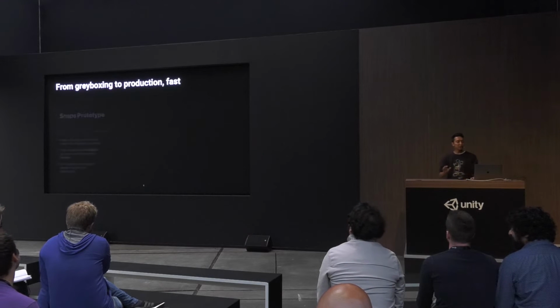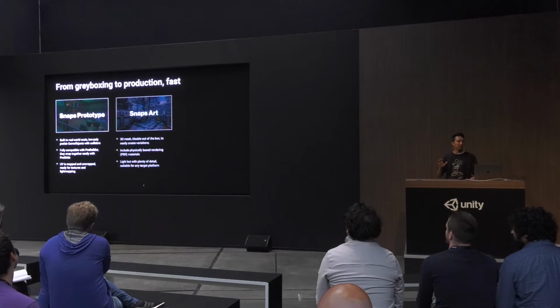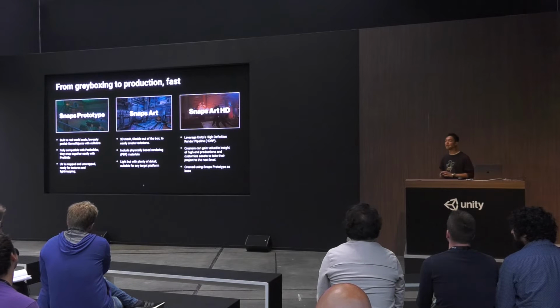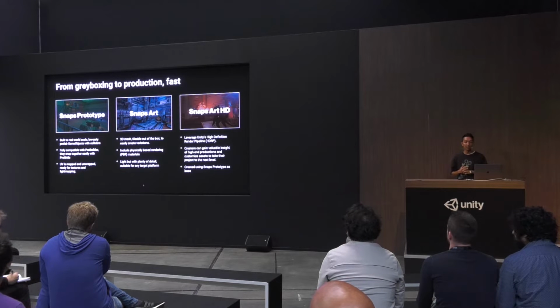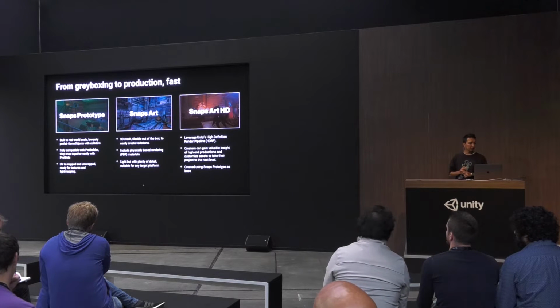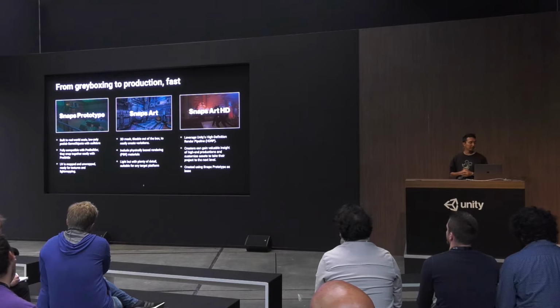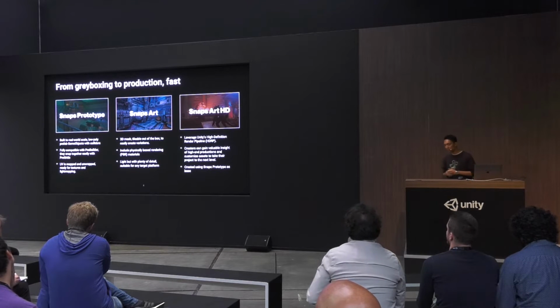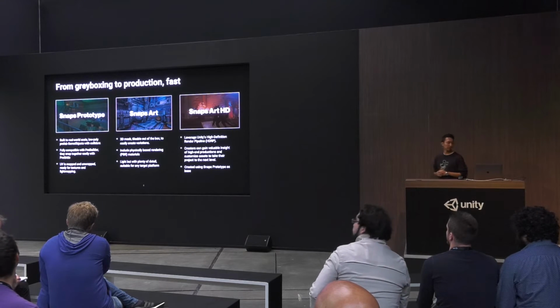All right, so just a quick overview of the three types of Snaps packages we have. So we have Snaps Prototype, which, as the name says, we build to real-world scale. It's low-poly prefabs, and we've built it with colliders, so it would work with collision and all that. It's fully compatible with ProBuilder, and it would work really well with ProGrids.